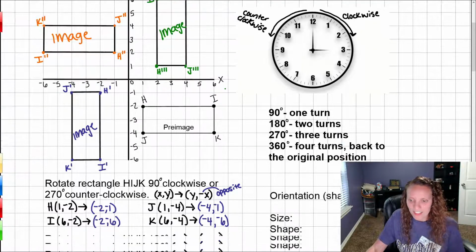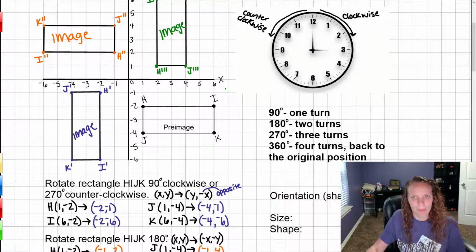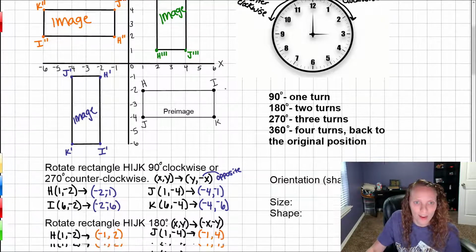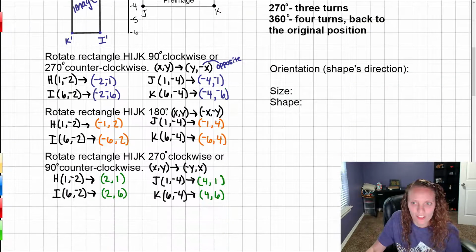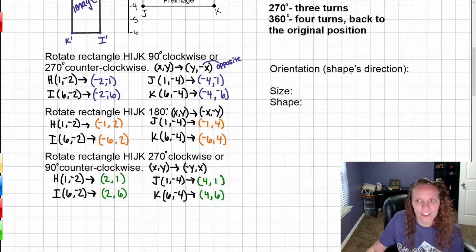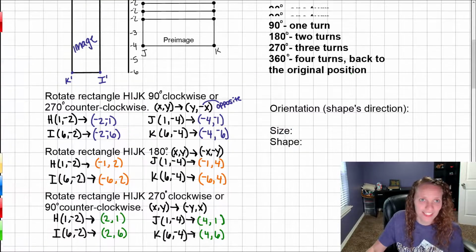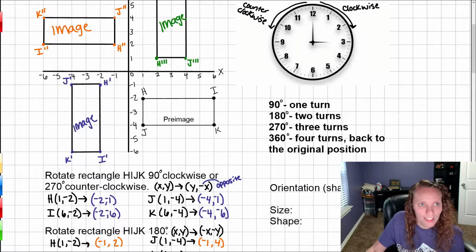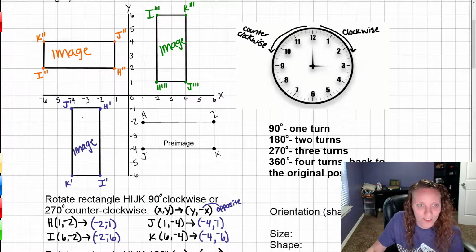Alright, let's discuss the size, the shape, and the orientation of what happens here. So let's look at the orientation first. Remember, orientation is what's happening to the shape's direction, which way it is facing. Now when we rotate, look, it's facing a different way each time. It's not always just facing side to side anymore.